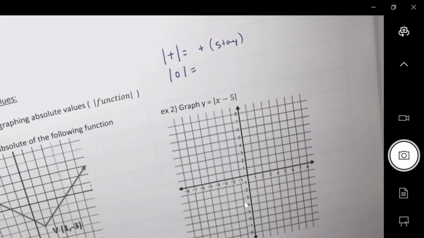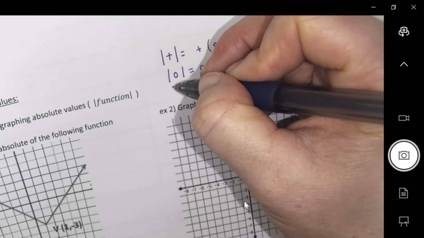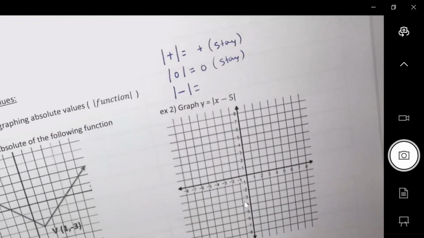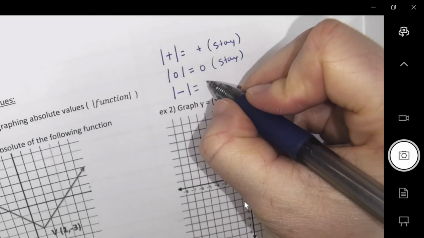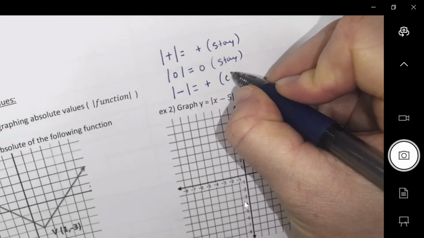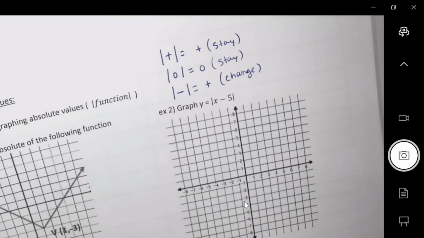What happens to us if we would absolute value 0? What do you think? It just stays. What would happen to us if we absoluted a negative? So the absolute value of negative 5 would become positive. So it would change. So that's the idea. So that's what we're going to do on the graphs.